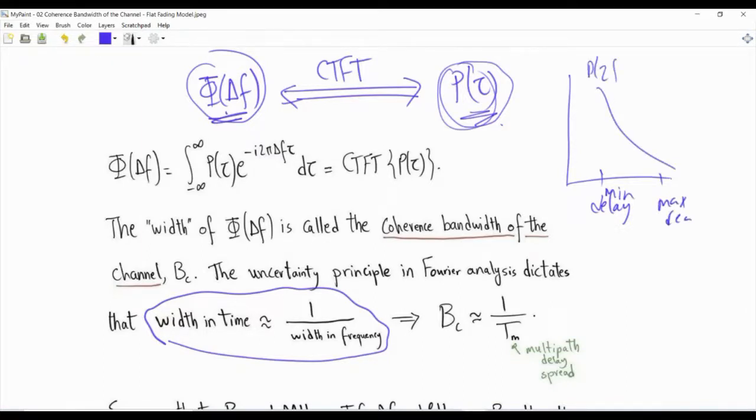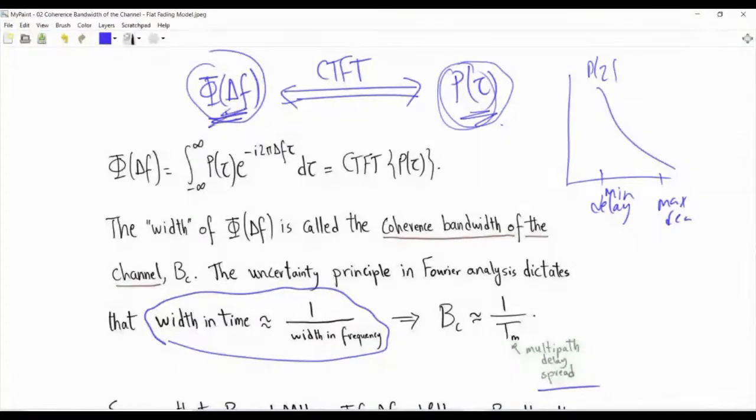It has a width because you receive your signal and then copies of it, and typically as the delay increases the signal is more attenuated, and after some delay the received paths are indistinguishable from the receiver noise, so you can ignore them. So the width of the multipath intensity profile is the multipath delay spread.